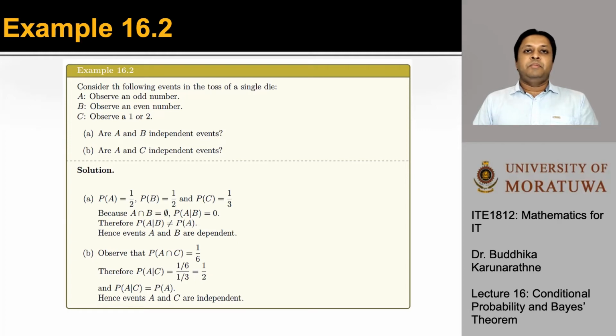Because of that, P(A intersection C) is 1 over 6. Therefore, we can calculate P(A given C) to be 1 over 6 divided by 1 over 3, which gives us 1 over 2 or 0.5.